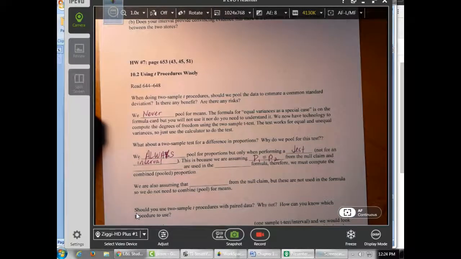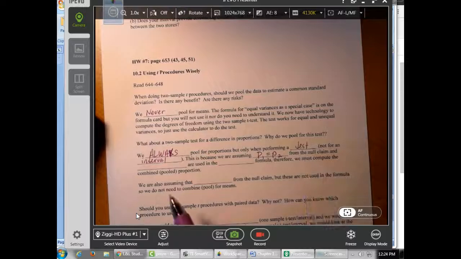Okay, so we always approach it the same way. We're always assuming that the null is true, no matter what in these. And the formula for standard deviation uses p sub 1 and p sub 2. So that's why we have to pool, because we're assuming they are the same thing. Okay.